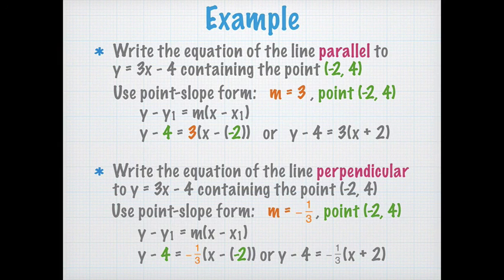So again, using point-slope form, I substitute in my point and my slope, and then from there I would simplify that or transform that equation to whichever form I was asked to write. Okay, that's it for right now. You need to practice these, but this is the general information for writing equations of lines.